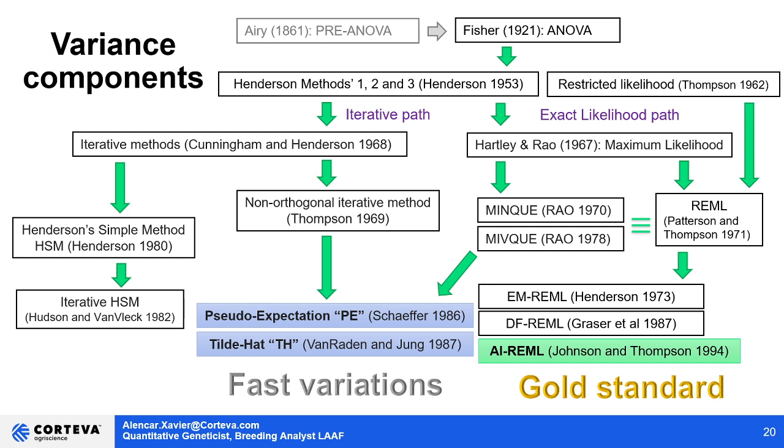However, they didn't have the computational power to estimate the exact REML solution, so they proposed these creative ways of calculating variance components. And once again, many of those methods were created to handle very large data sets, and for a reason or another, they were forgotten as we moved into the genomic era.